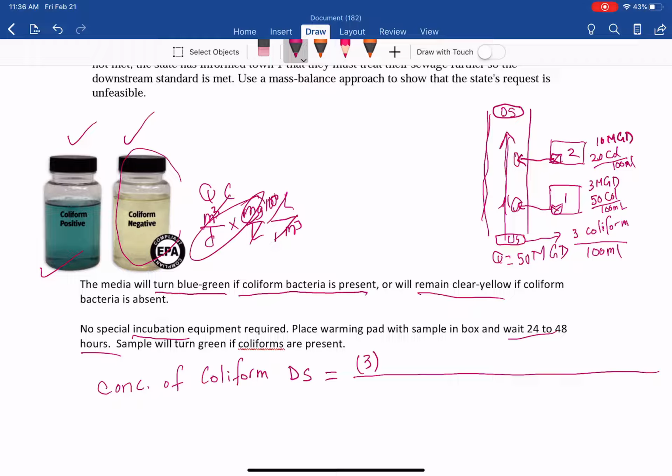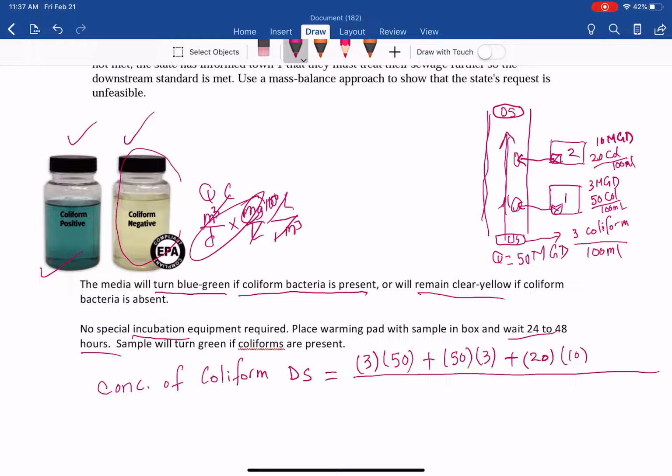These units have to be consistent. 3 coliform per 100 ml times 50 million gallon per day, plus 50 coliform of Town 1 times 3 million gallon per day, plus 20 coliform per 100 ml times 10 million gallon per day, divided by what?